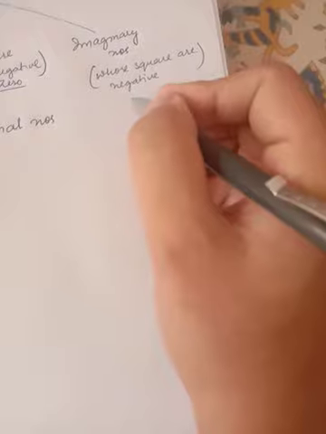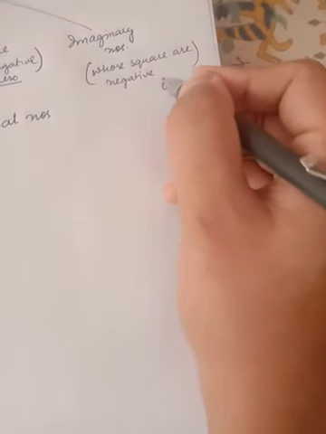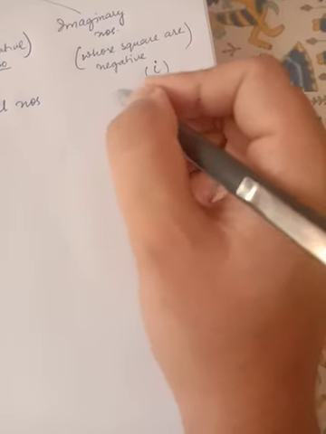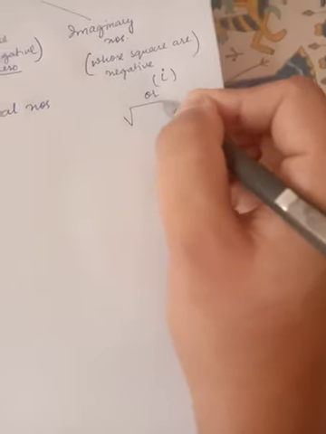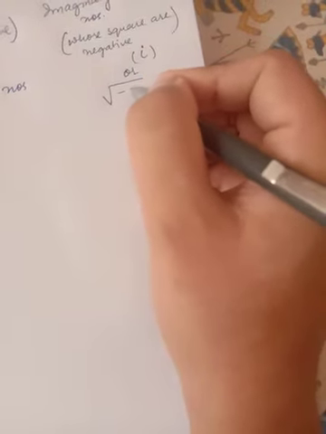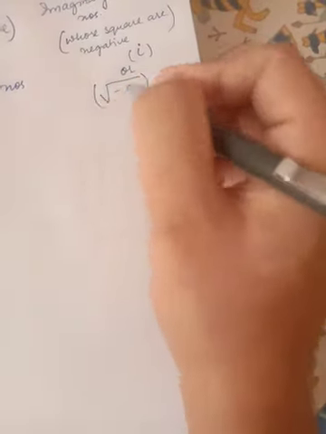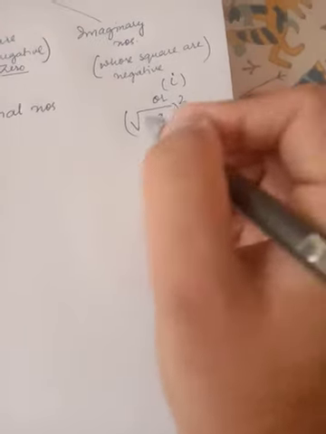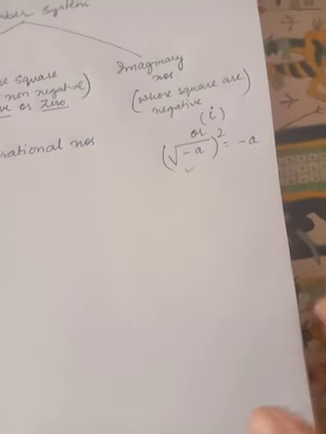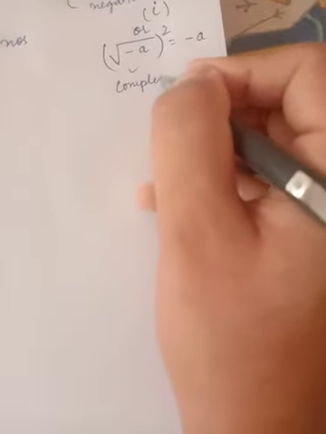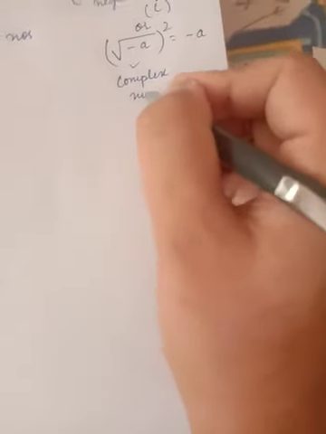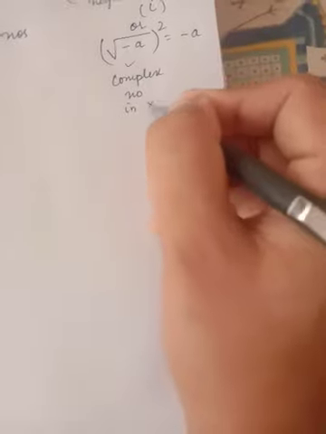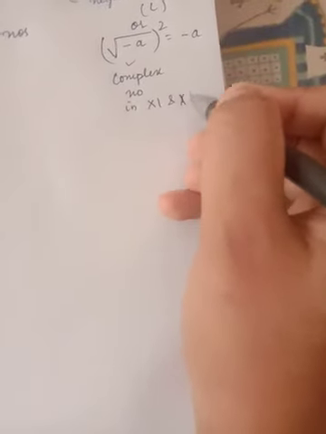Generally, the number exists in the form of i, that is iota, or in the form of root over minus a. If we square it, the answer will be minus a. This is the format of the imaginary number, which will be discussed in the complex number chapter in 11th and 12th.